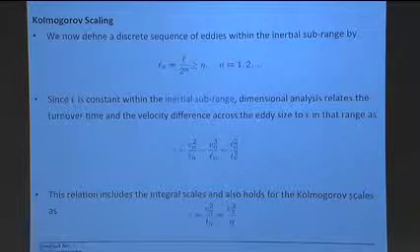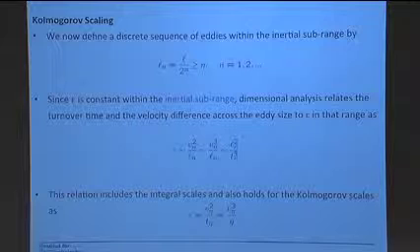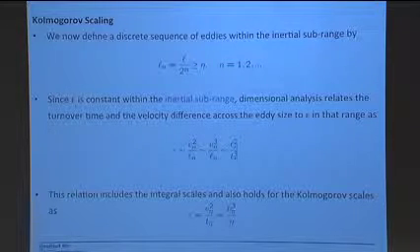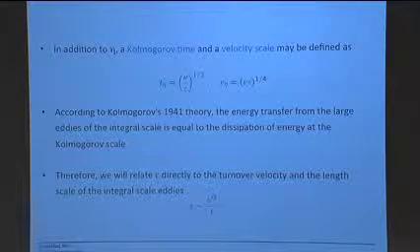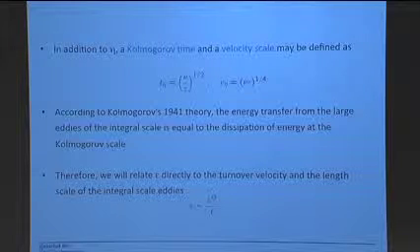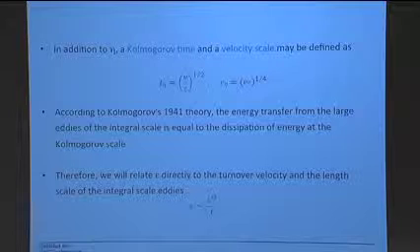Okay? That's the Kolmogorov scaling. So from this follows then that I could also say v eta cubed over eta is equal to v prime cubed over L. Okay? And you just write that down. That gives you a relation between the smallest and the largest scale.